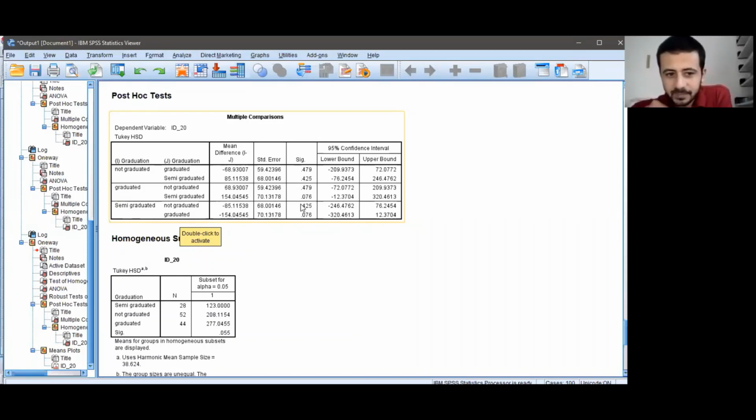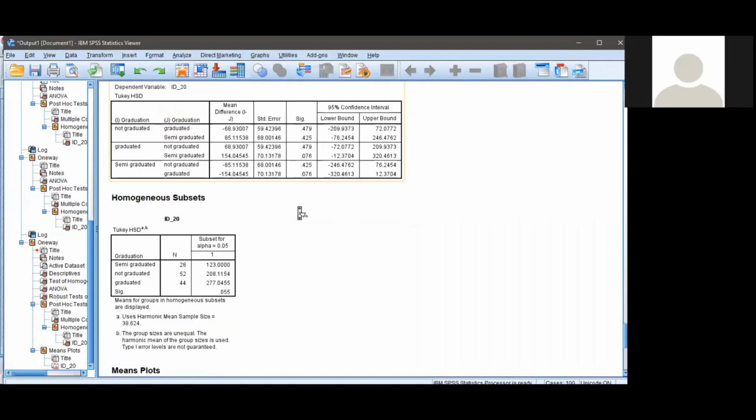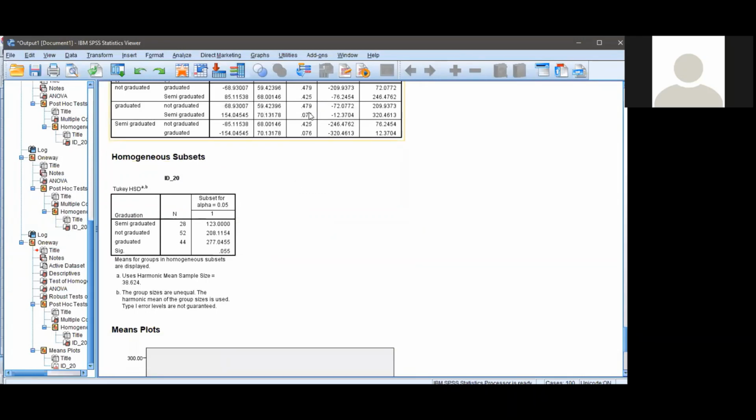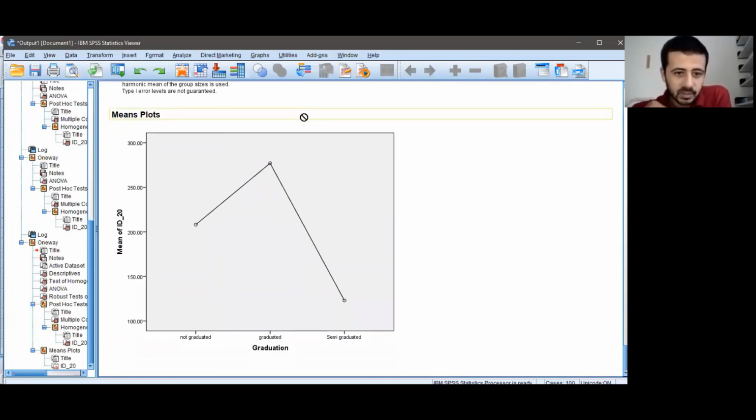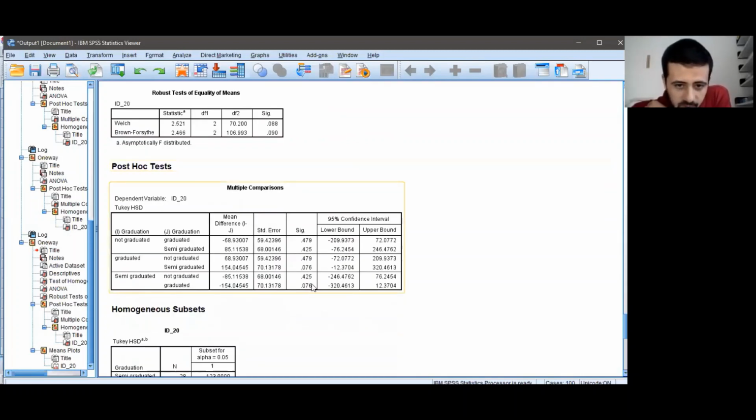And we have a p-value for this difference. We won't go into details in other tests, but let's see that. We said the difference is nearly significant between semi-graduated and graduated.